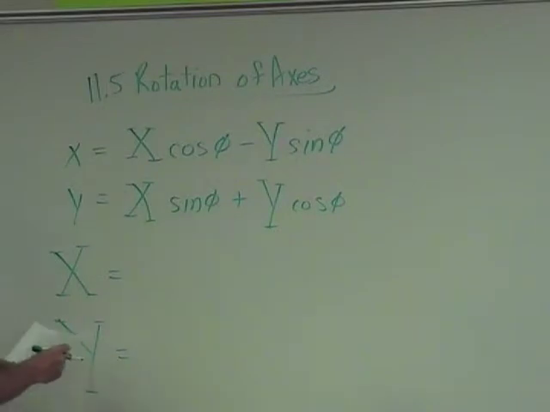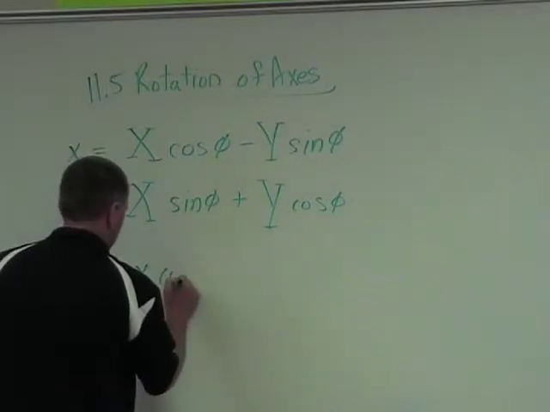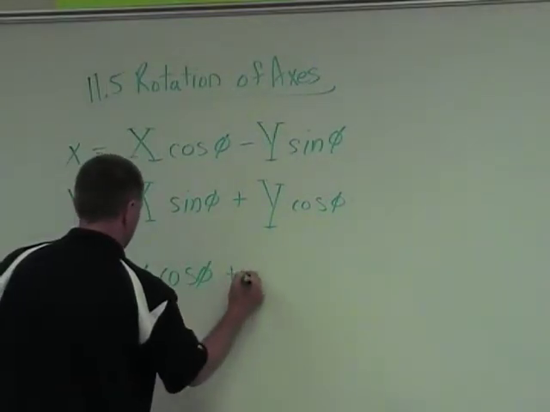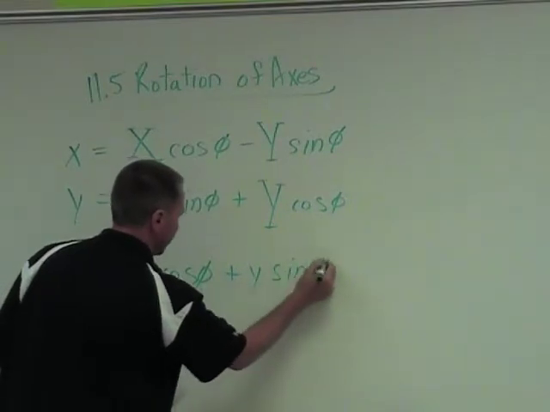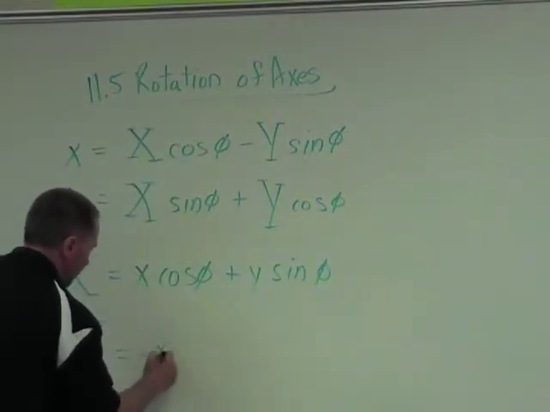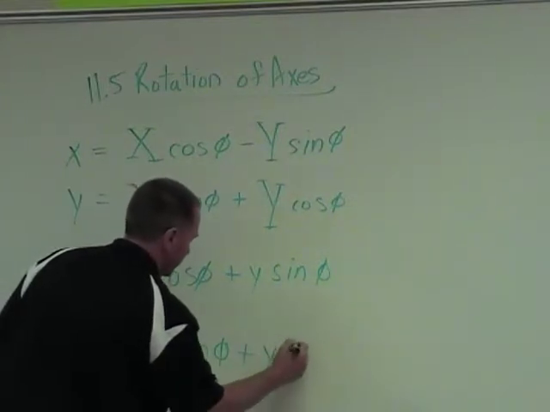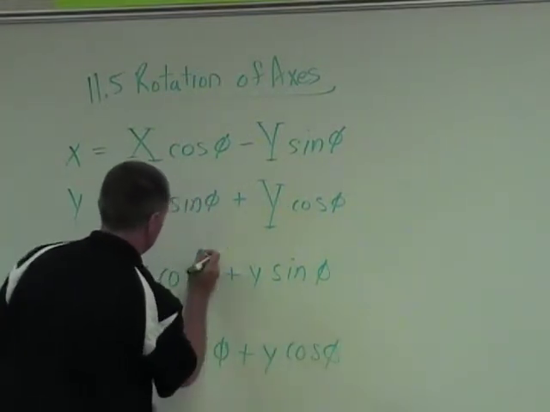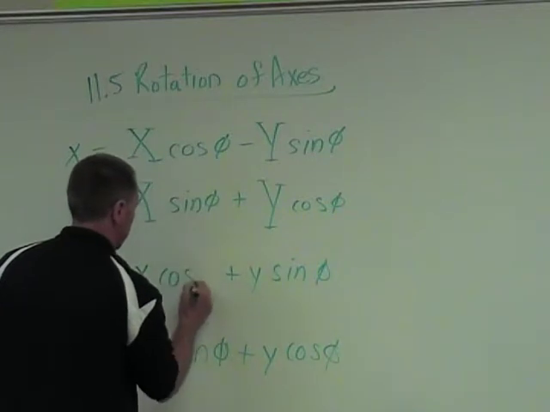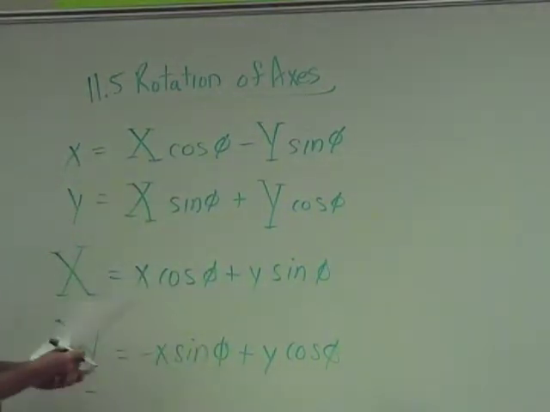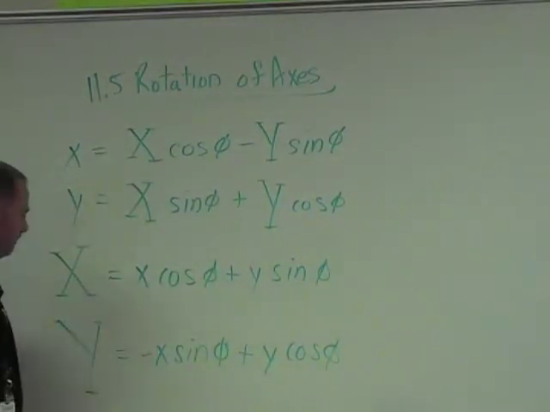Okay? So X cosine of phi plus Y sine of phi. Negative X sine of phi plus Y cosine of phi. Okay. This is what you want on your reference sheet.